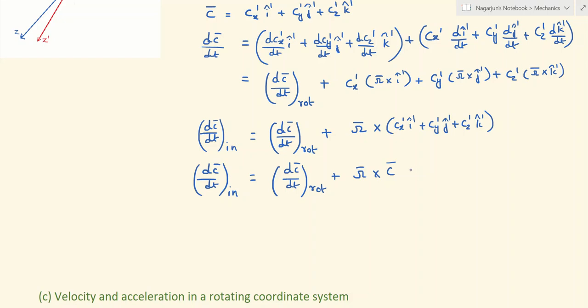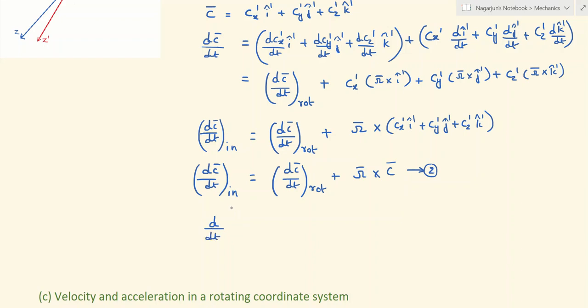So this is equation 2. This equation 2 is applicable for any vector. It is just like an operator. In the sense, in place of c bar, I can replace any vector. So it is just like an operator.